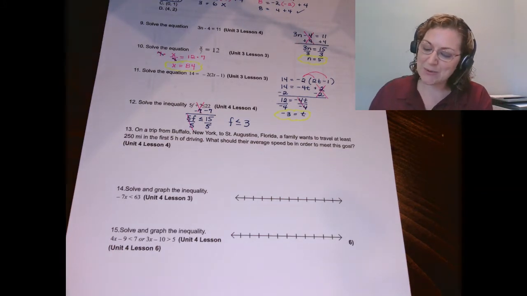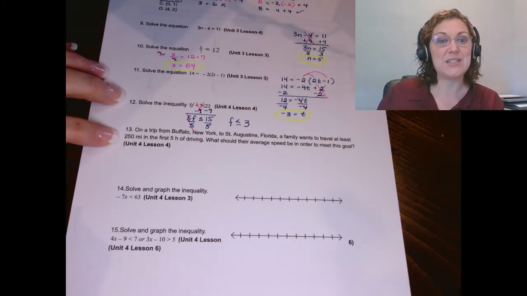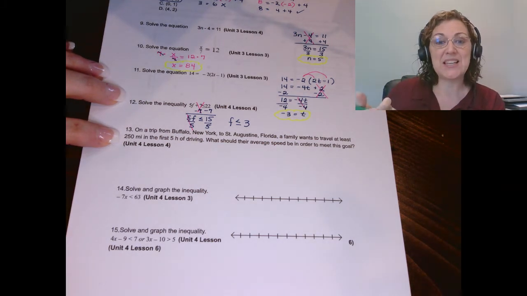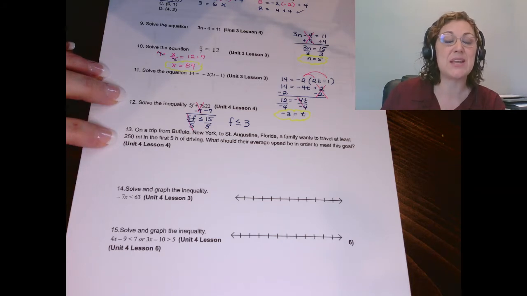Number 13 is what we're picking up with in this video. It says on a trip from Buffalo to St. Augustine, a family wants to travel at least 250 miles in the first hour of driving.